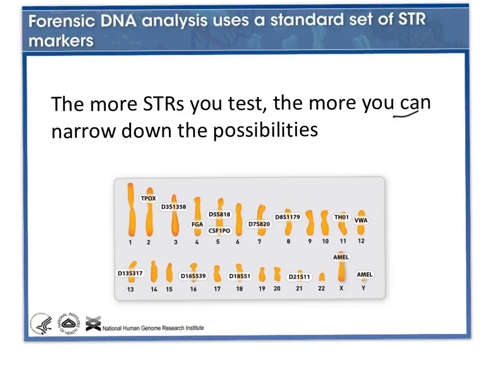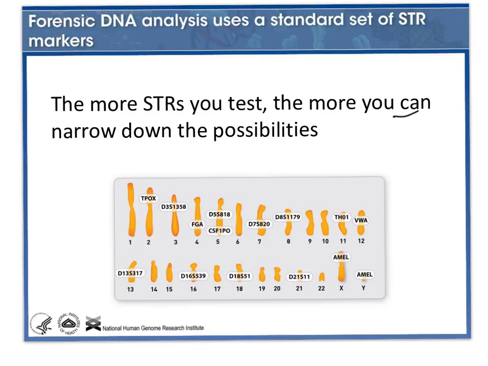Because if you just used one, there's a very good chance that someone might have the same length of that STR at that area, but not because they're related to each other, just by chance alone. But if you have 13, the chances that that individual will share that fragment length at all 13 becomes very, very small. In fact, we don't even use 13 anymore. I think they're up to 20 now.